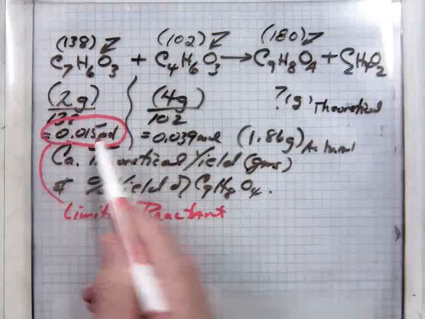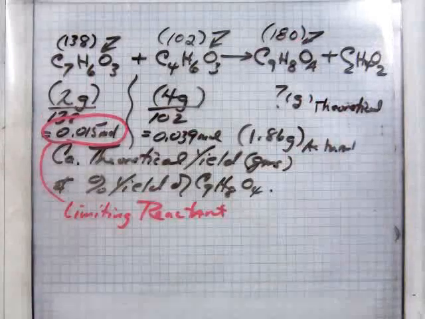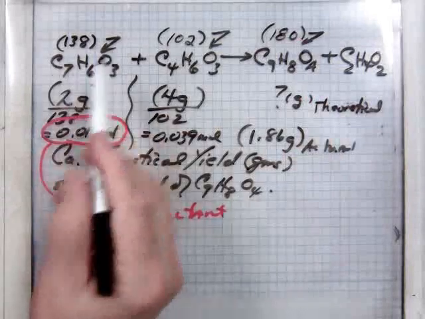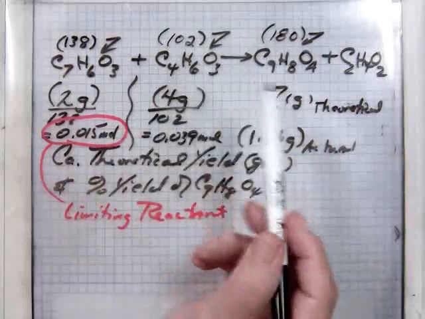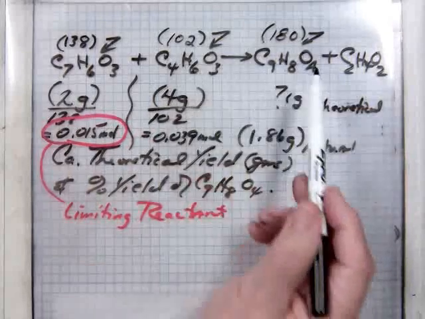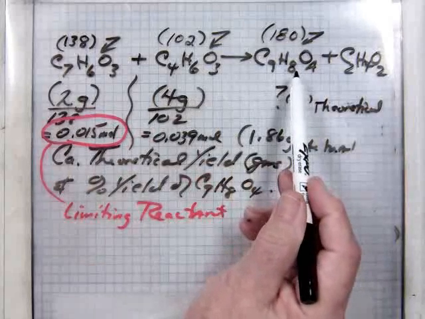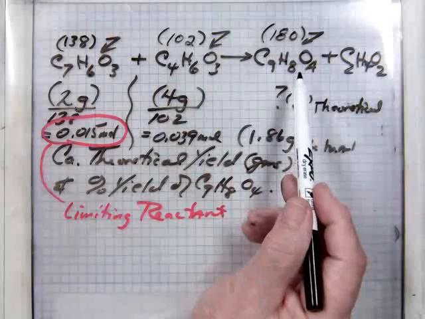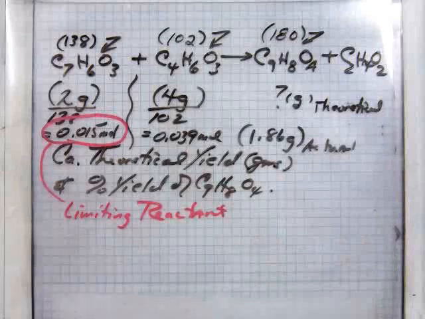In converting to grams, we multiply by 180. This is salicylic acid, and this is acetic anhydride, and this is acetylsalicylic acid. Anybody know what acetylsalicylic acid is? It's aspirin. So this is just an equation for synthesis of aspirin.